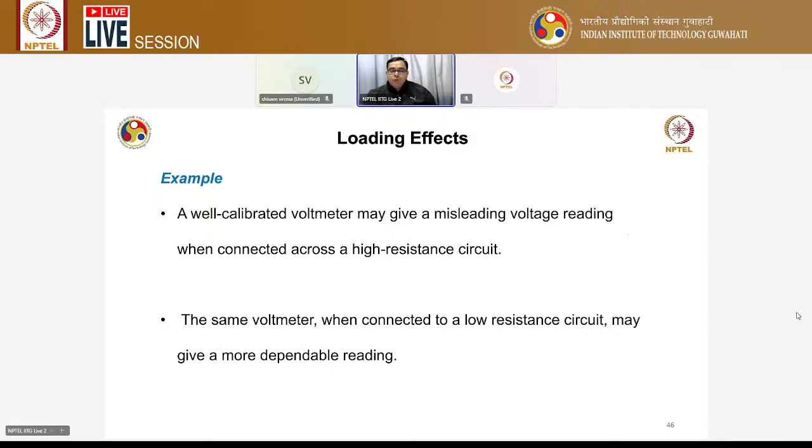Now the same voltmeter, when connected to a low resistance circuit, can give a more dependable reading, because the voltmeter has higher resistance as compared to the low resistance circuit, so it is not loading the circuit and not drawing any significant amount of current from it. Therefore, the loading effect is very crucial for correct results.